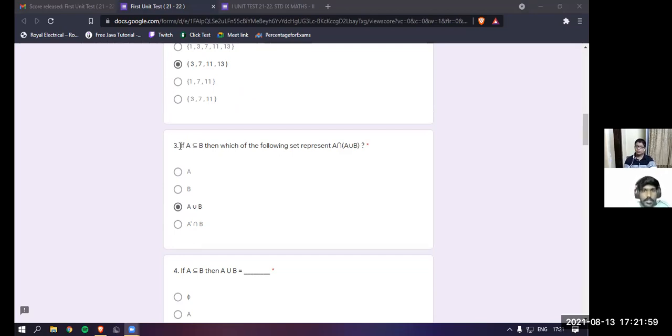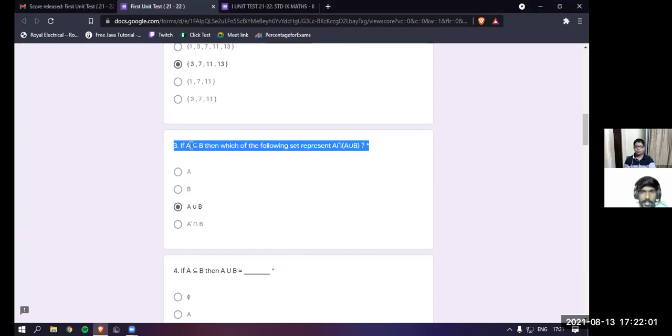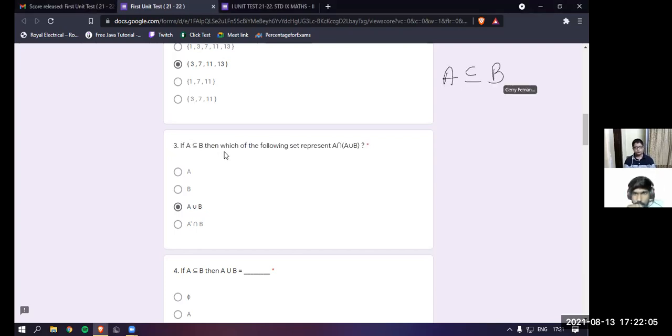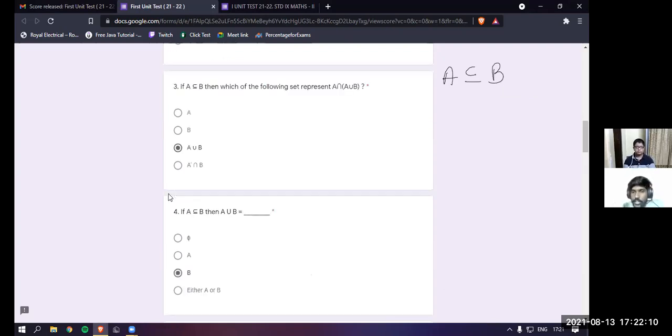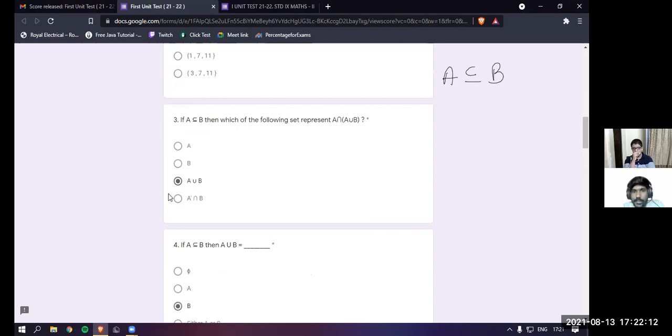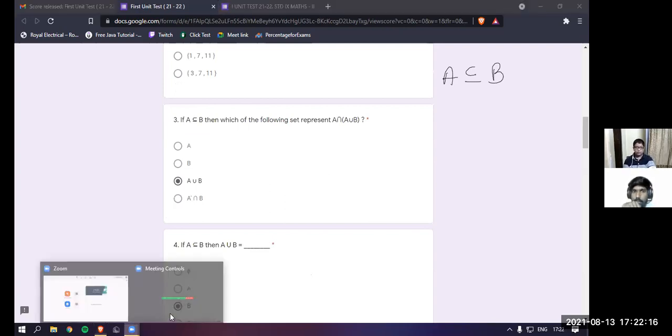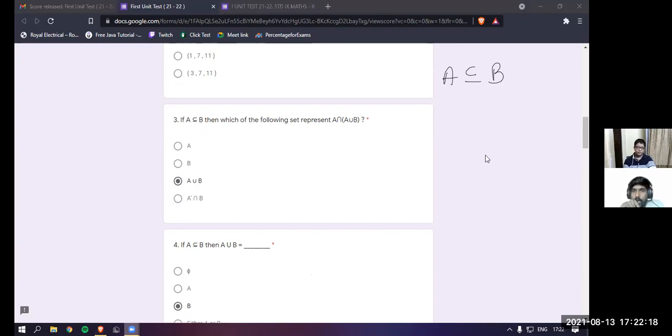Okay. So here they have said A is a subset of B. Correct? Can you tell me which is a bigger set and which is a smaller set? B is a bigger set and A is the smaller set. So, firstly, what will be A union B?